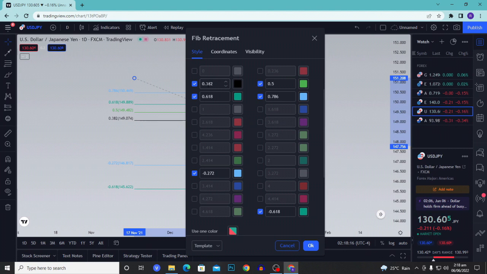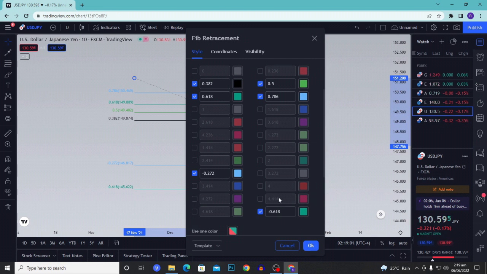So we use the 0.382, the 0.618, and the 0.5 as points that the retracement may bounce off of. So we expect the retracement to bounce off of these 3 points for an entry, while the 0.786 is used primarily for placing your stop loss, and the negative 0.272 and the negative 0.618 are used as take profit points.